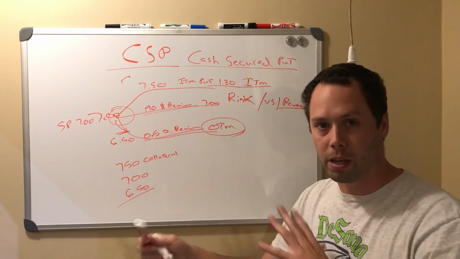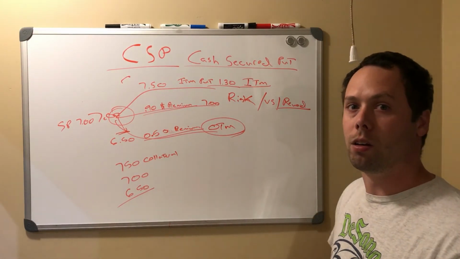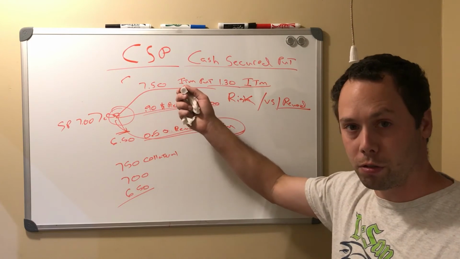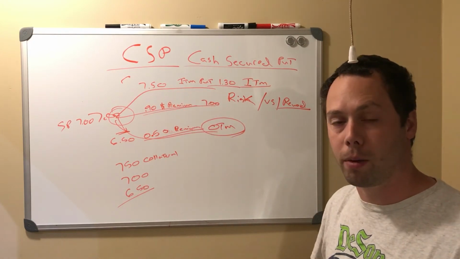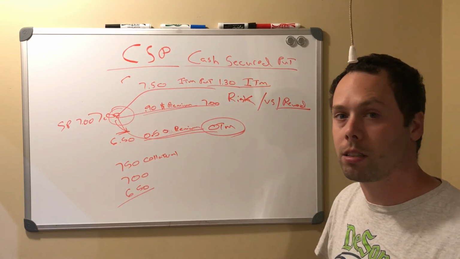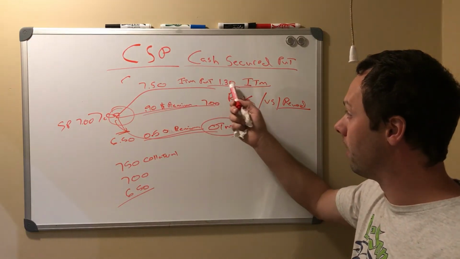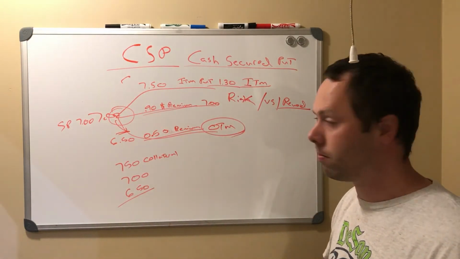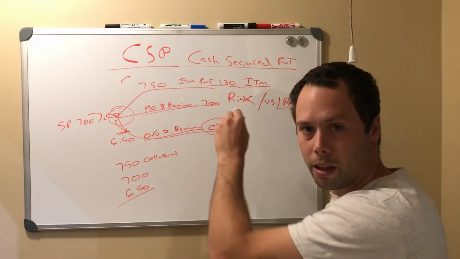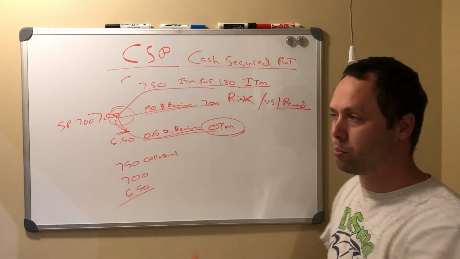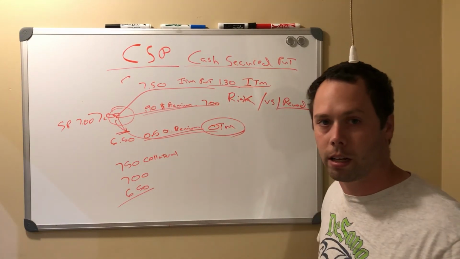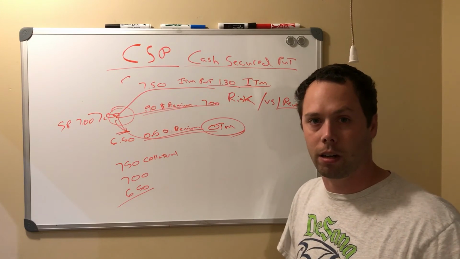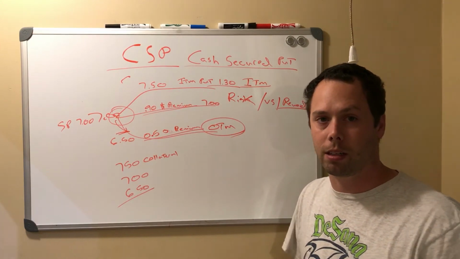So there's a few mechanics to think about, but the rewards usually for selling in-the-money puts, if you don't mind owning the shares at that price, can be very handsome. But don't get lured by that unless you're really bullish on the stock or you're crazy like I am. I've been selling puts on AMC.